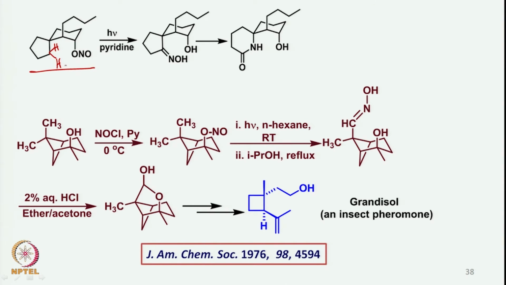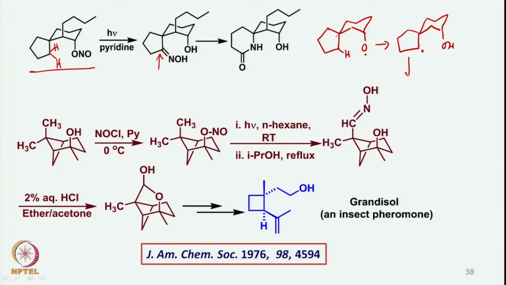That radical abstracts the hydrogen from here, and you have the possibility of such a radical forming, and this radical then leads to the next radical, which is here.